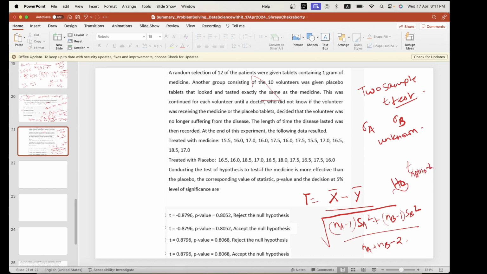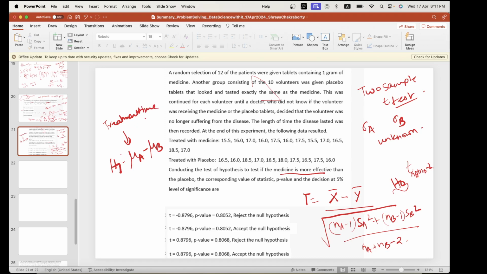Now what is your H1? We are conducting a test to see if the medicine is more effective. Medicine is more effective means mu A minus mu B, where mu A is the treatment.